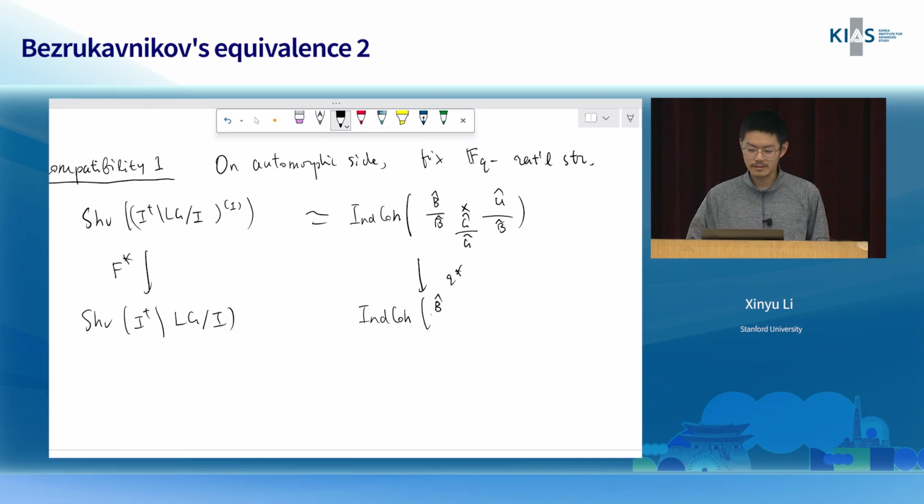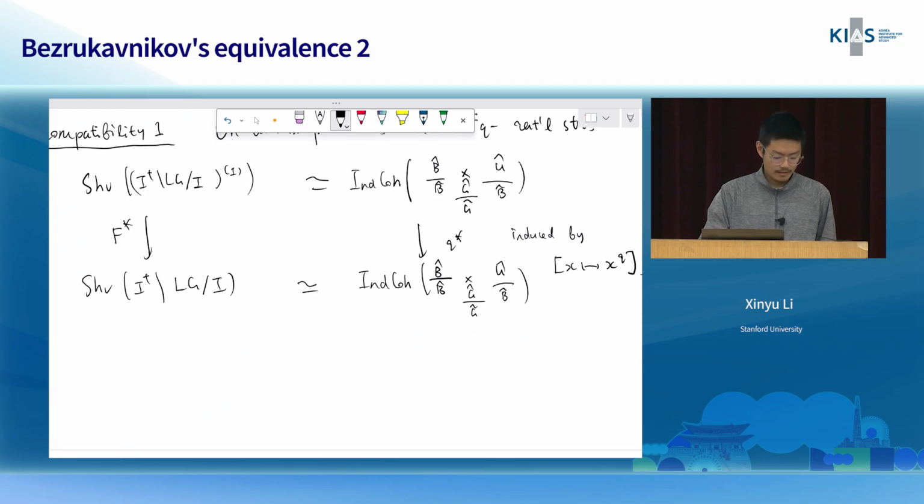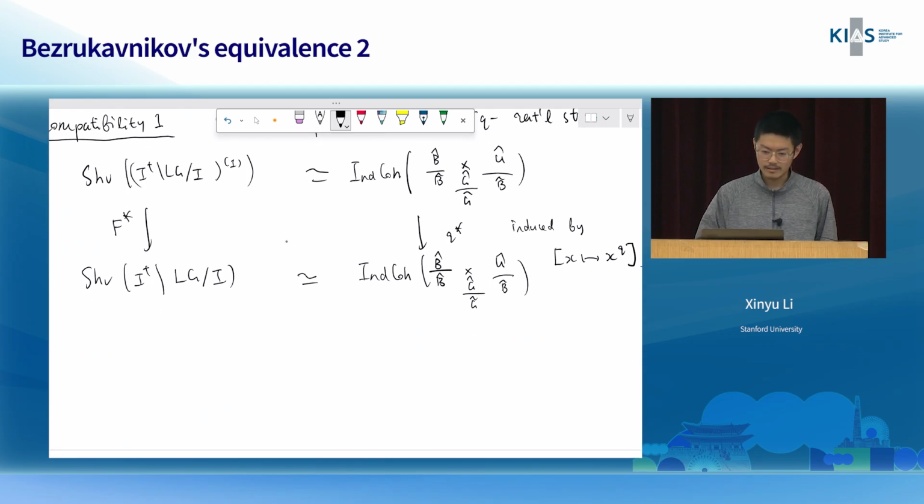Or if you want to work in the Lie algebra setting, that's just a multiplication by q. So there is such a commutative diagram.